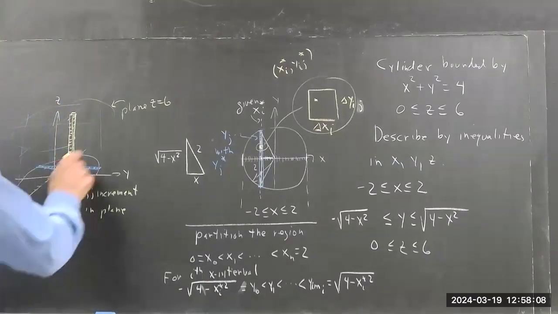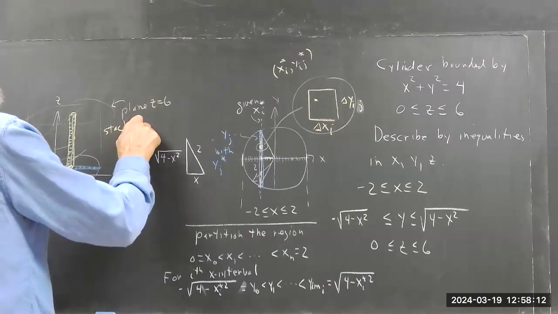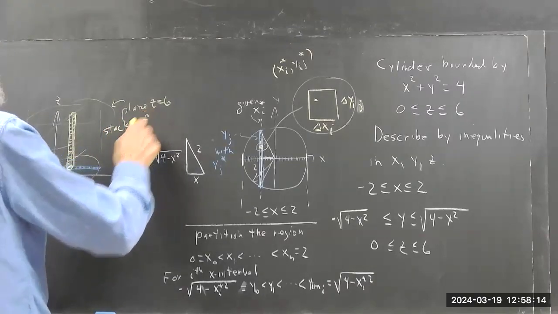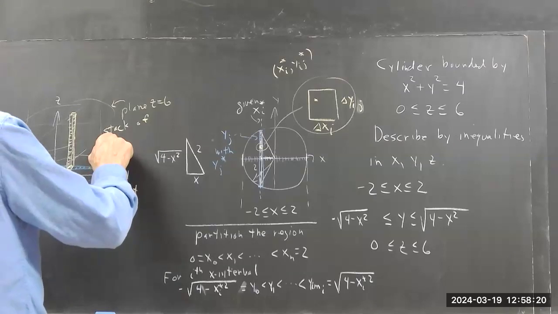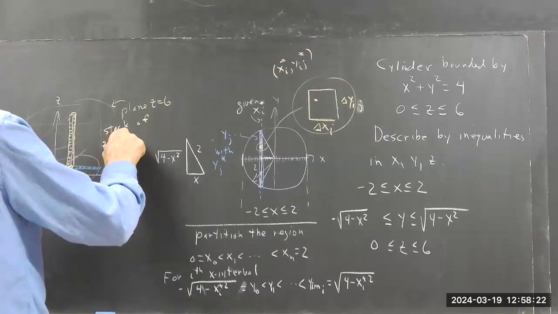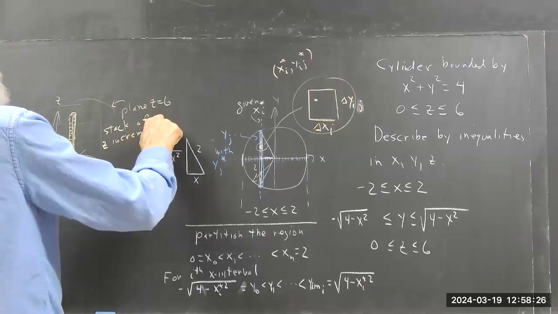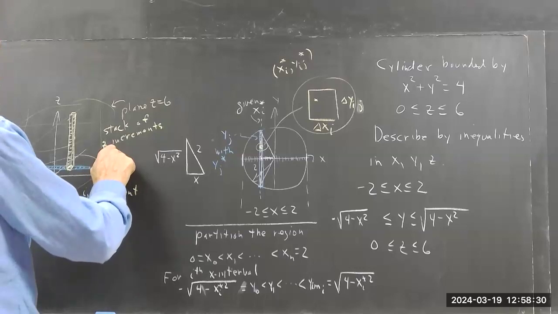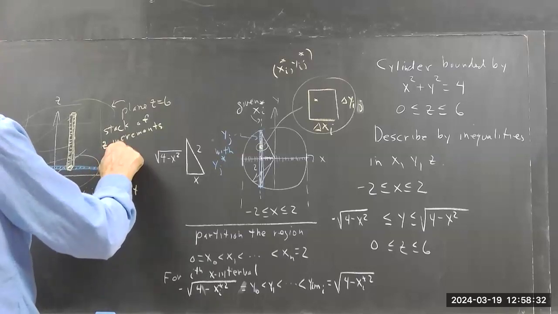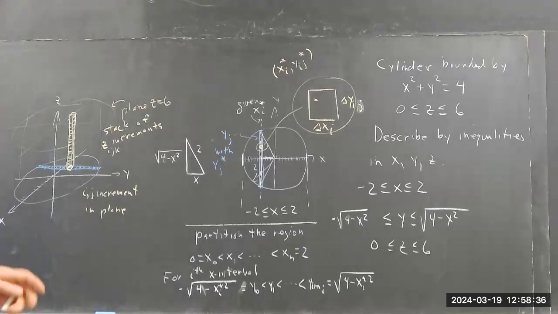So here's your stack of Z. I'll call that ZIJK increments.